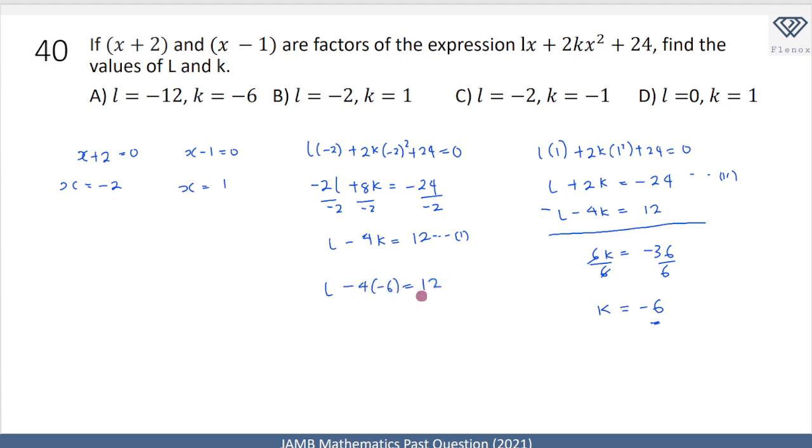What is minus 4 times minus 6? Minus times minus is plus, and 6 times 4 is 24. So L plus 24 is equal to 12. So L will be equal to 12 minus 24, and that is equal to minus 12. So L is equal to minus 12 and K is equal to minus 6. And that makes option A the correct option.